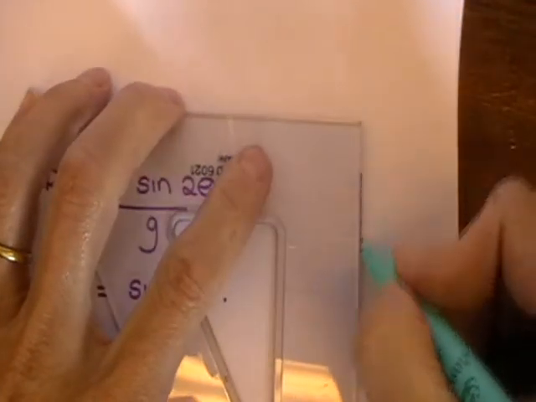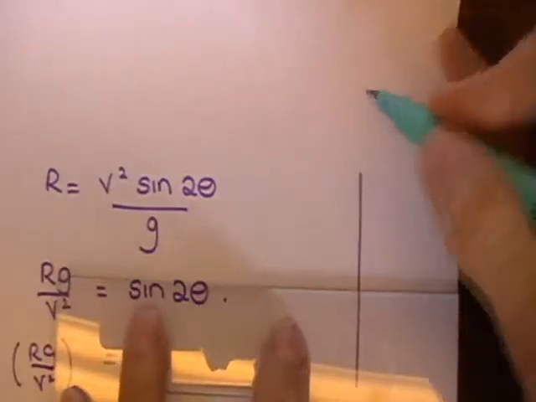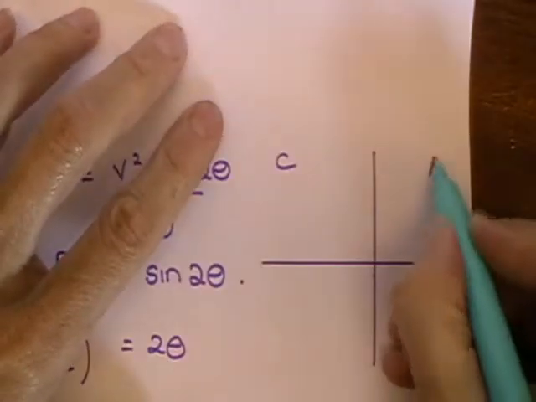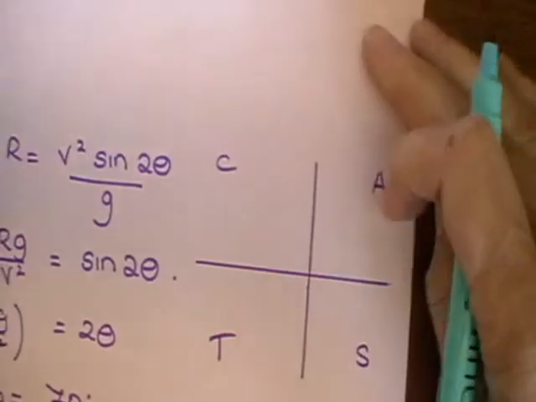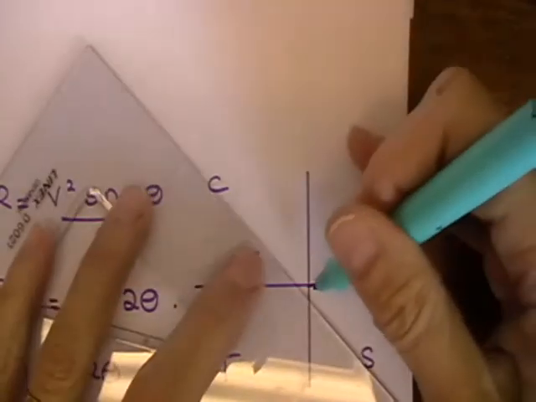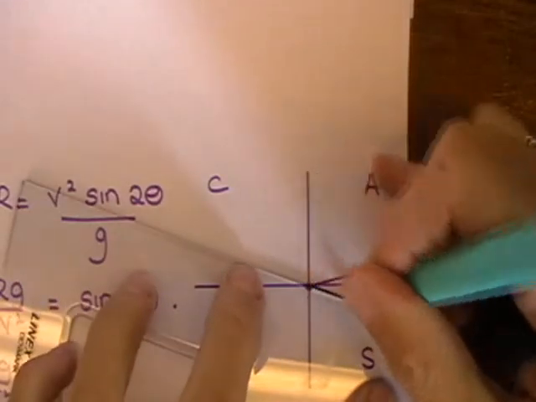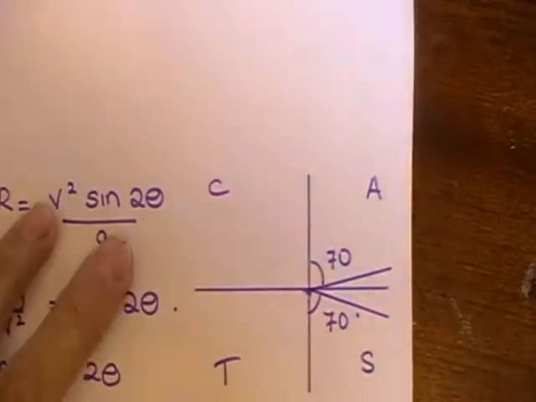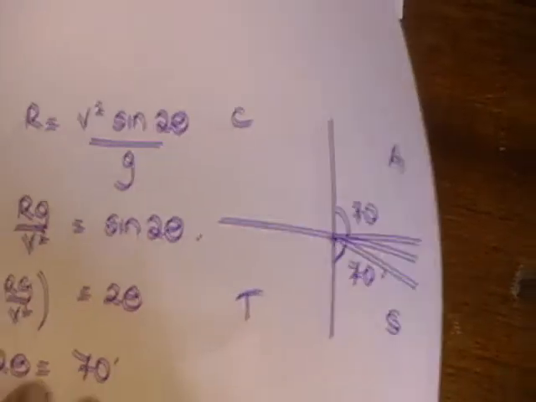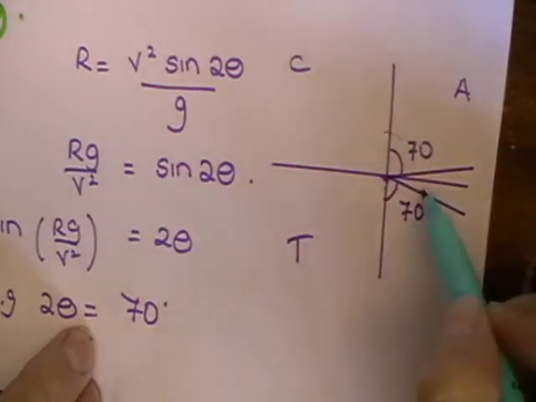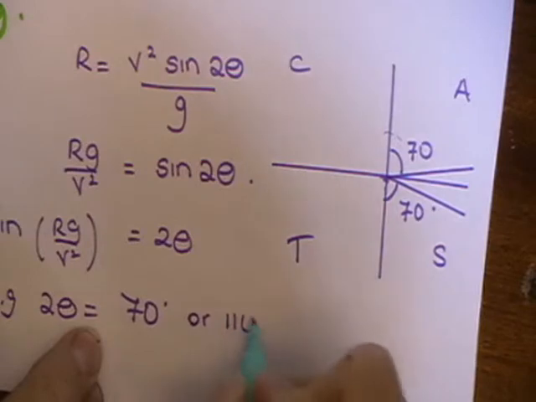You have to think from maths. If the inverse sine of an angle is coming out as a positive value, you should remember from your quadrant idea that you could find your 70 degrees in one quadrant, or you could find your 70 degrees in the other. So your 2 theta is not just equal to 70, it's also equal to 180 minus 70, which is 110 degrees.